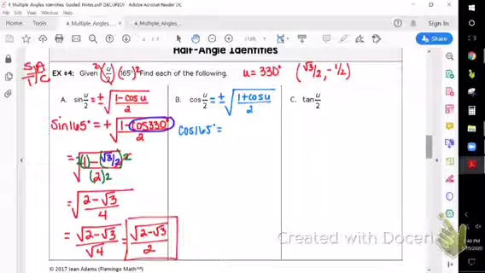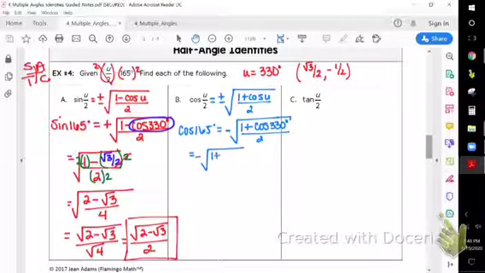Well, we said 165 degrees is in quadrant 2, and what do we know about cosine in quadrant 2? It's negative. So we're going to put a negative square root of 1 plus cosine of u. We said u was 330 degrees, and it's all over 2. So we got negative square root 1 plus, we know cosine of u is the square root of 3 over 2, all over 2. This should look familiar, right?